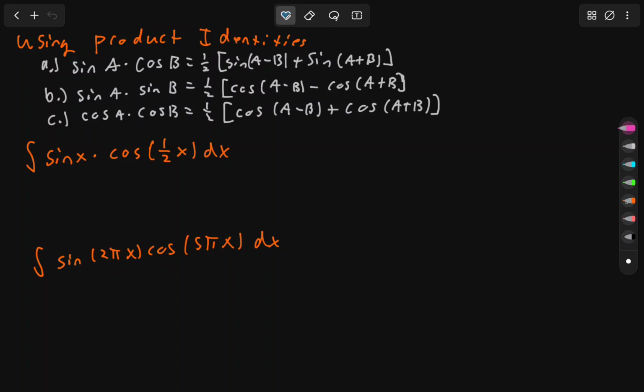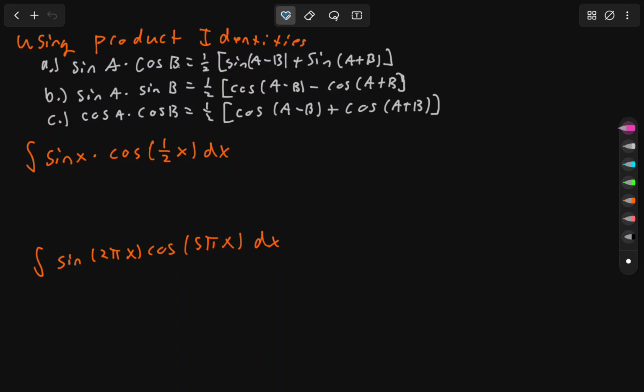What you may notice here is we can't use u substitution, because if we set u to be sine of x, there's a cosine of 1/2 of x, but there isn't a cosine of x, and thus we can't do u substitution for these. So we have to rely upon these product identities, which are stated above.